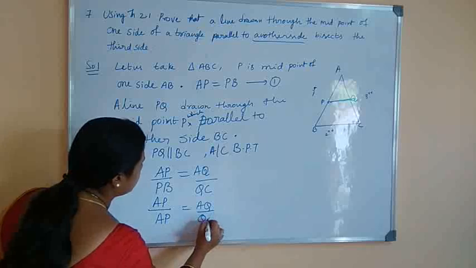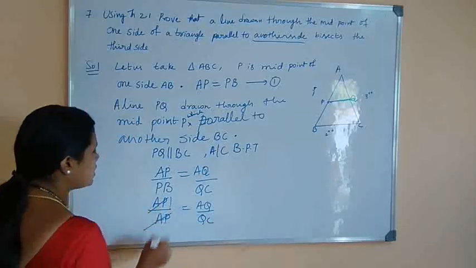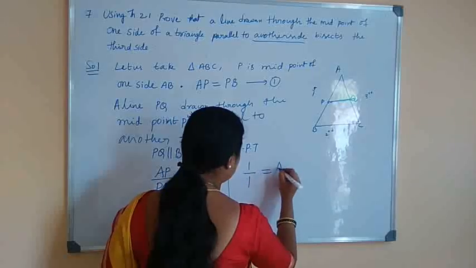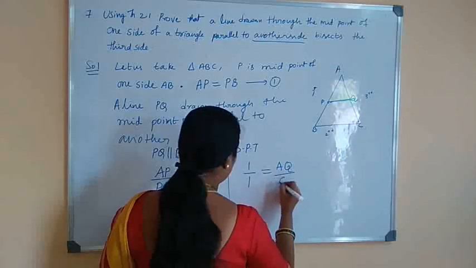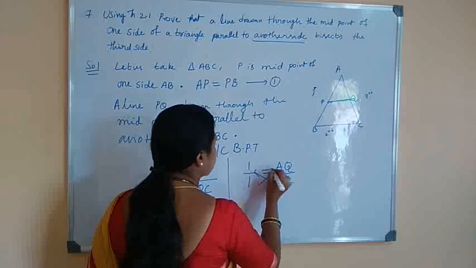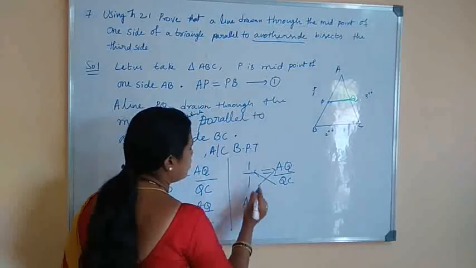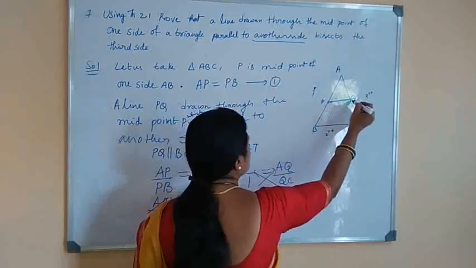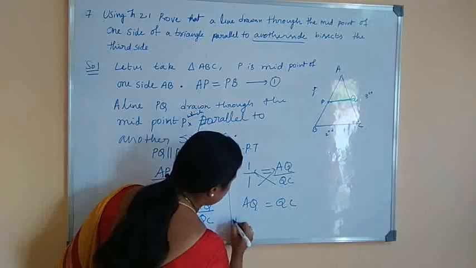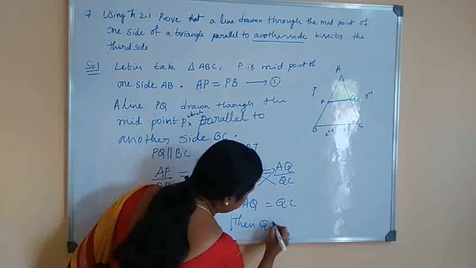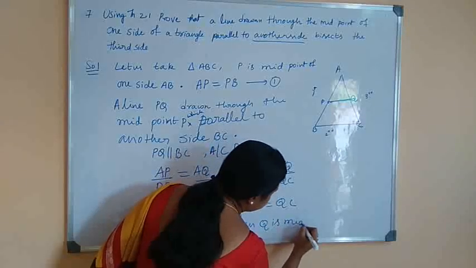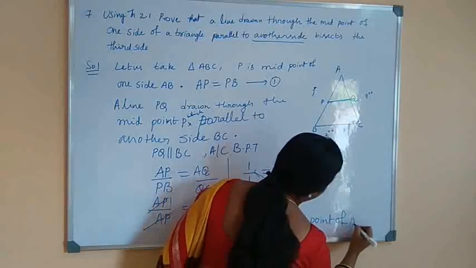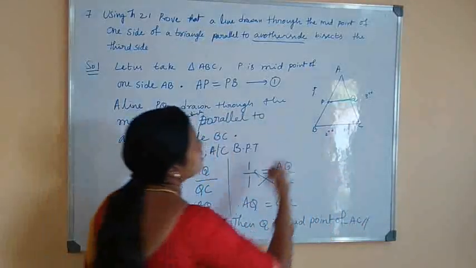AP by AP ones are, then 1 by 1 is equal to AQ by QC. Then AQ into 1, AQ is equal to QC. When AQ is equal to QC, then Q is the midpoint of AC. AC is the third side.